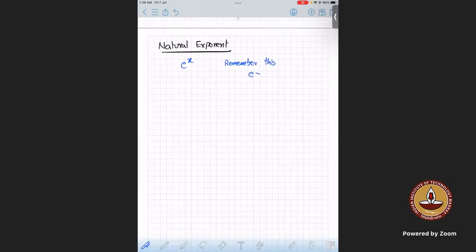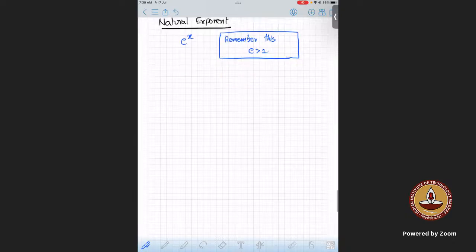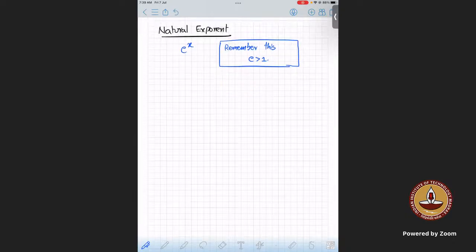You can find e, actually e is 2.7 something, but you will learn in logarithms, don't worry. In this week, it is enough to know that e is greater than 1.